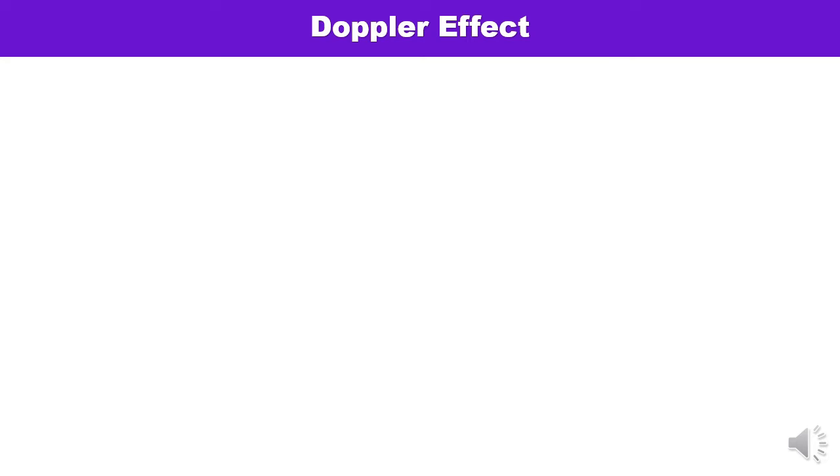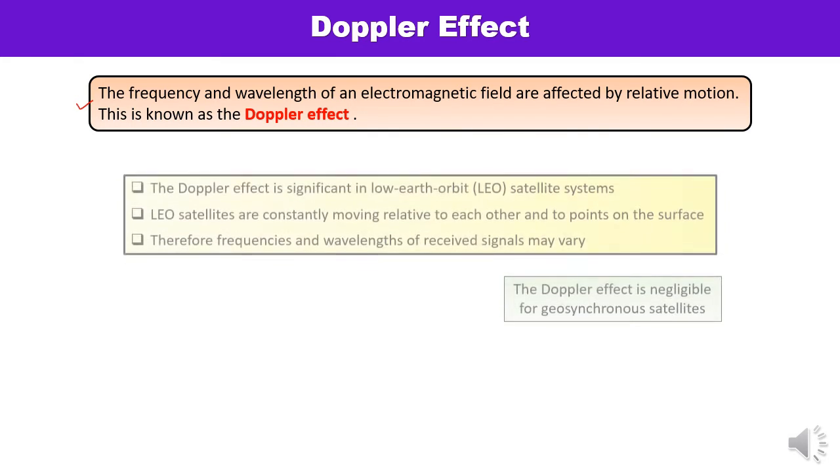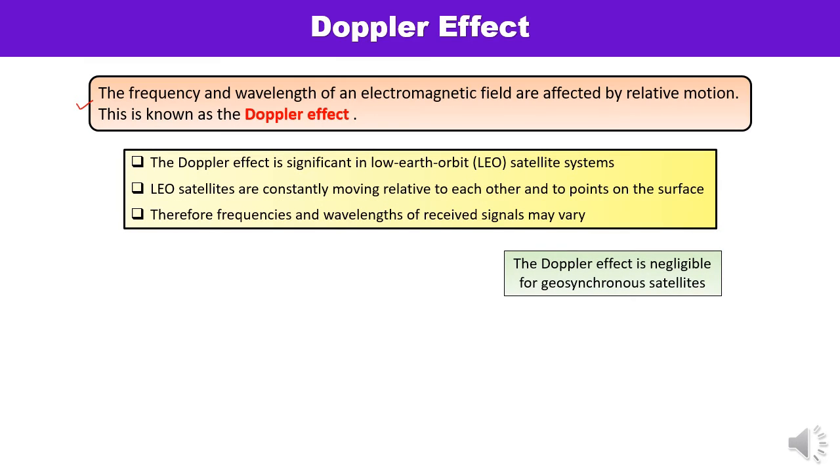Doppler effect. You are very well aware of this Doppler effect. See, the frequency and wavelength of an electromagnetic field are affected by relative motion, and this is known as the Doppler effect. The Doppler effect is significant for low Earth orbits. It means the frequencies and wavelengths of received signals may vary, while the Doppler effect is negligible for geosynchronous satellites.